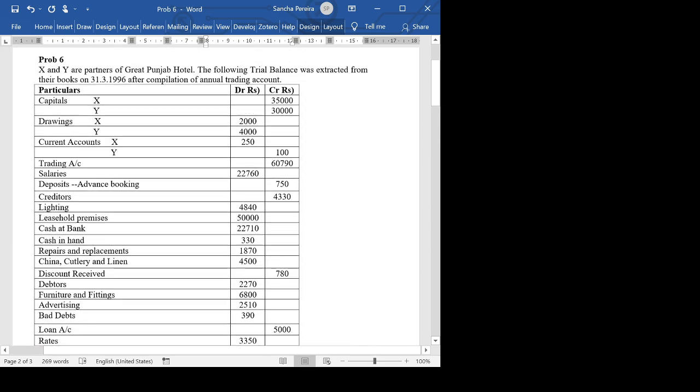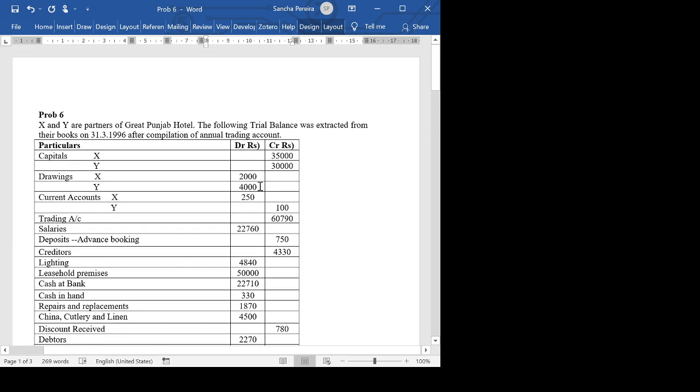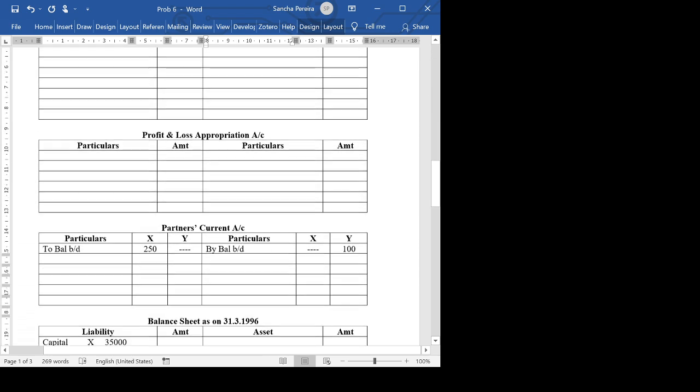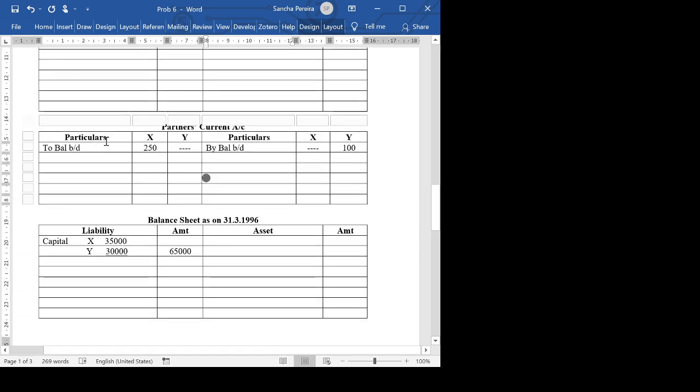There's already a hint that the drawings are showing a debit balance. So, will they come on the debit side here or on the credit side? Where will the drawings come? The drawings are showing a debit balance. How can they come on the credit side, Nevin?